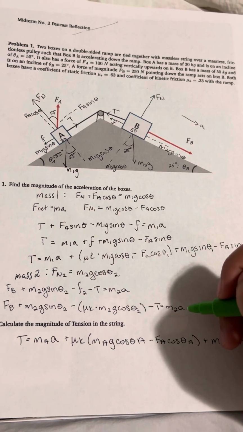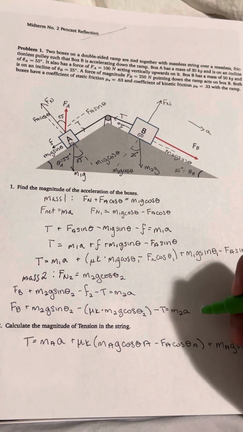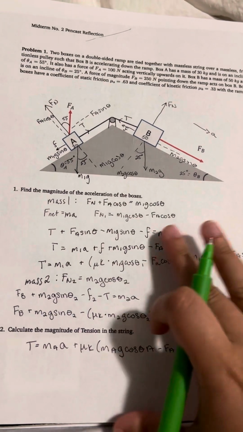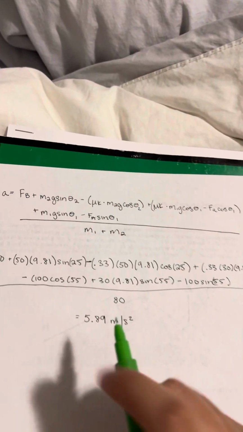We're going to set it equal to the mass of box 2 times the acceleration. And I'm going to flip this over so you can see. Continue on to the next page.